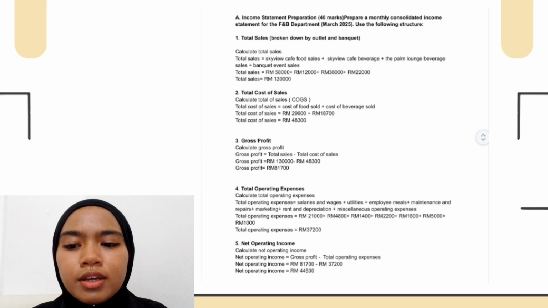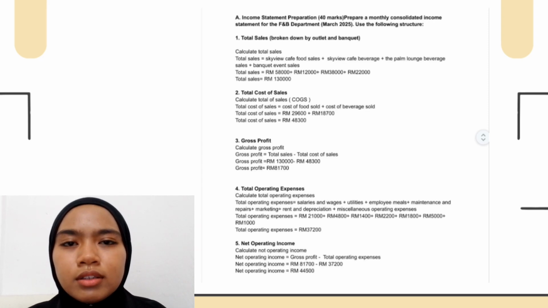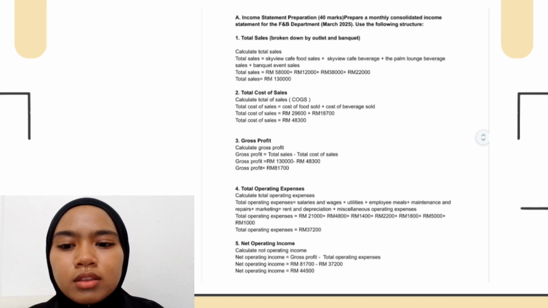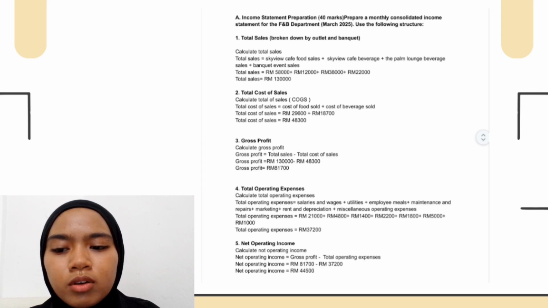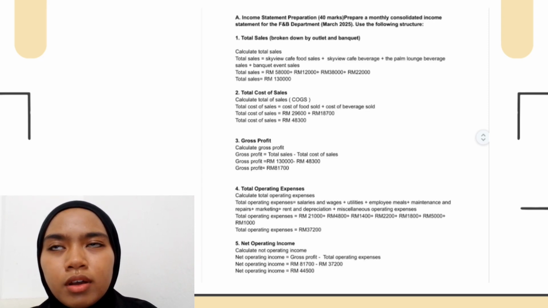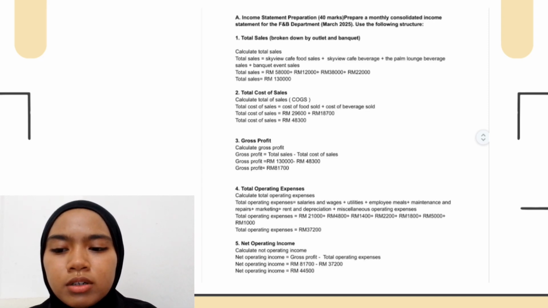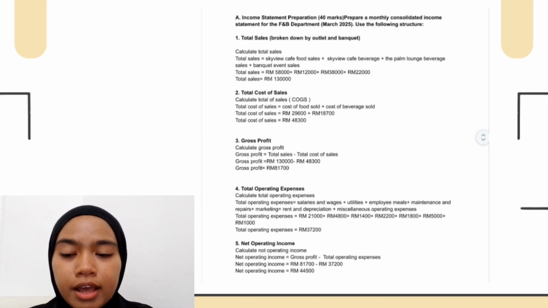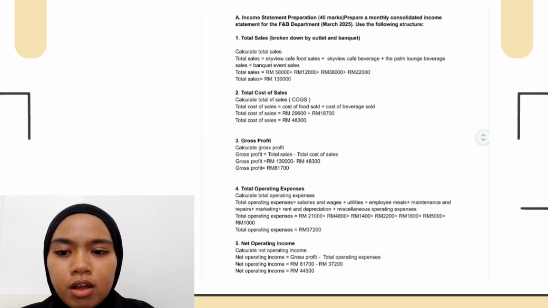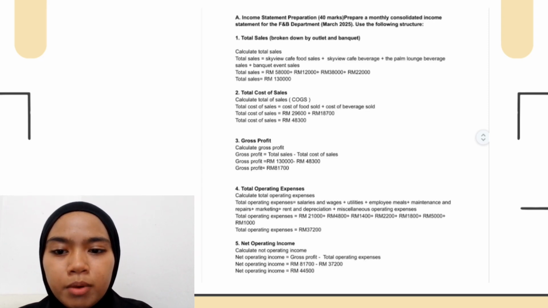Gross profit is 130,000 minus 48,300. Gross profit is equal to 81,700.